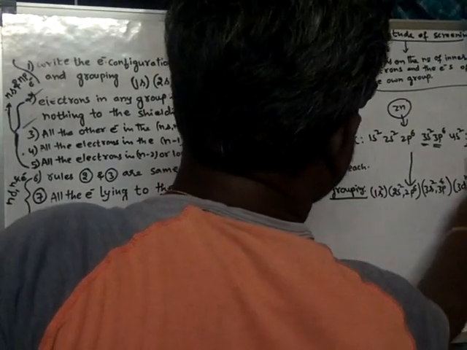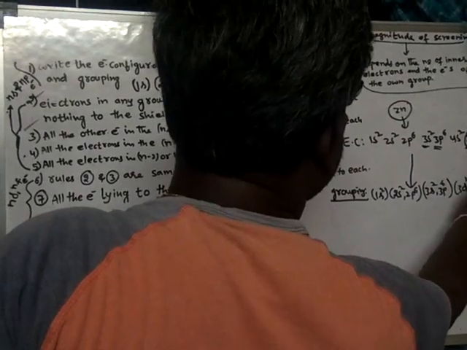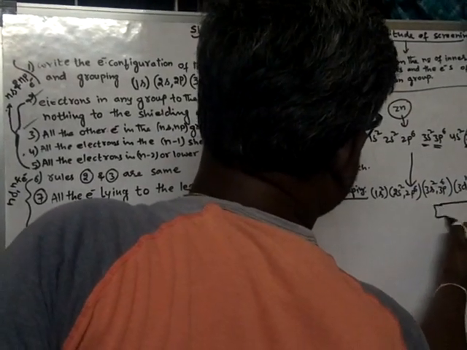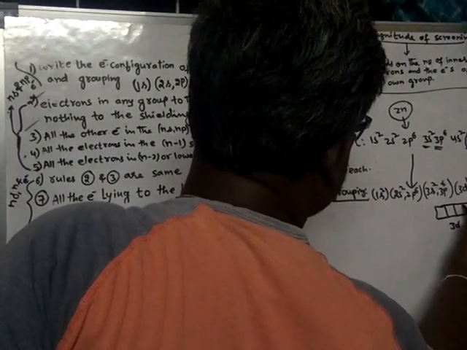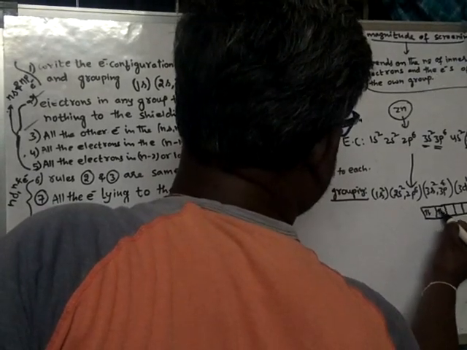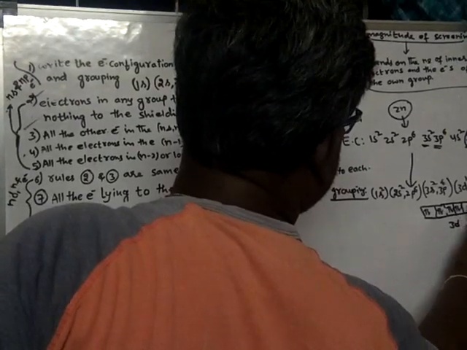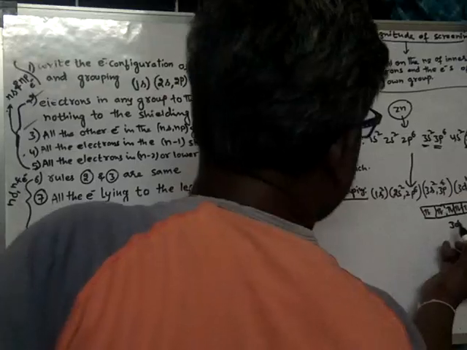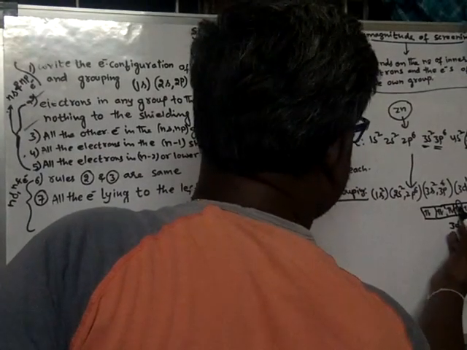After grouping, it appears like this. Now we are going to calculate the screening constant on an electron in the 3d group. Suppose I calculate the screening constant on this electron: 1, 2, 3, 4, 5, 6, 7, 8, 9, 10.